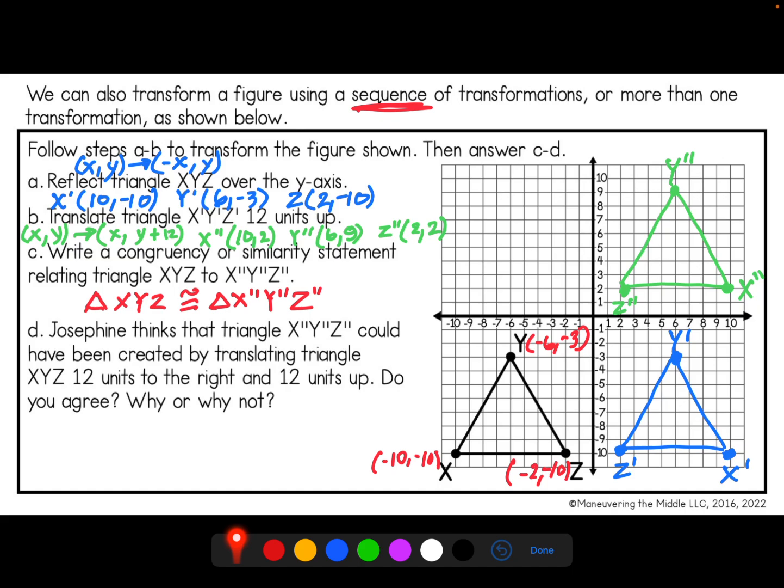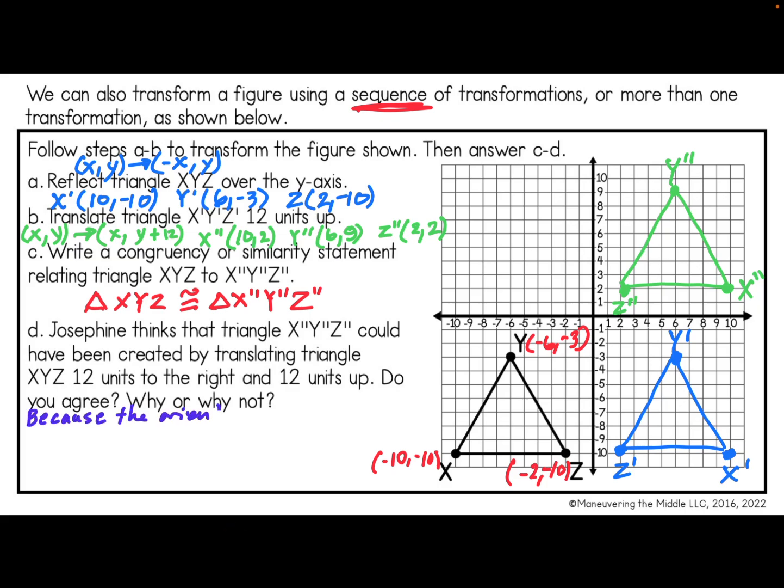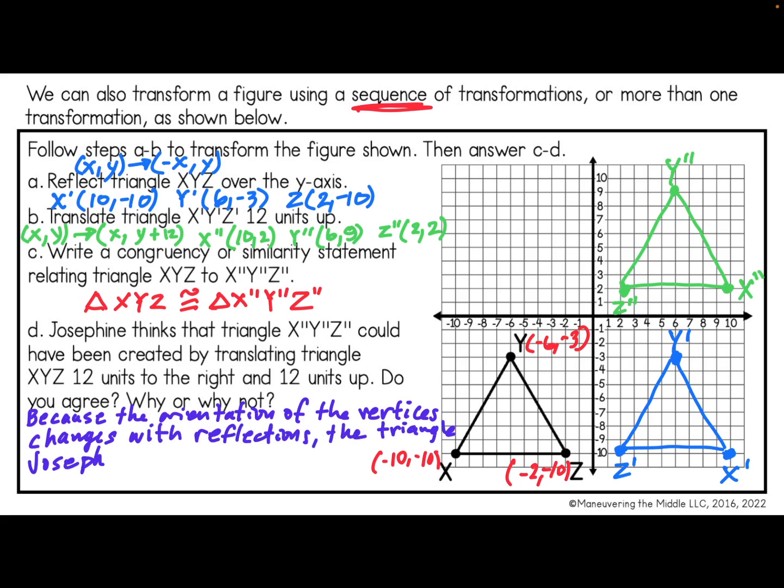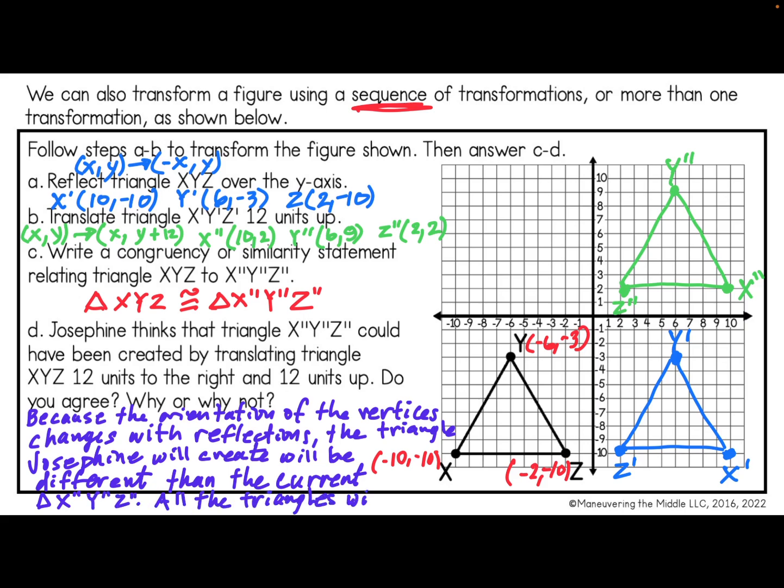So although the triangle Josephine creates will be congruent, reflections change the orientation of the vertices. So the triangle that Josephine creates won't have the same orientation. So the triangles will actually be different. They'll be congruent, but different.